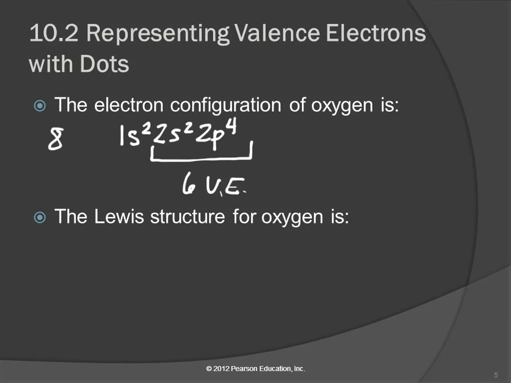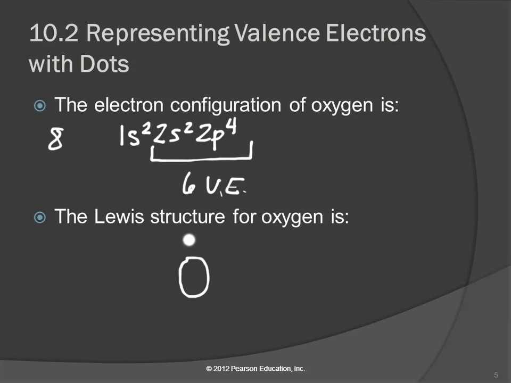So when we write a Lewis structure for oxygen, we're going to have the element symbol, and then we're going to have dots, 6 dots.